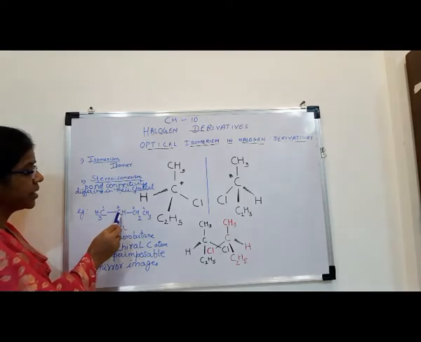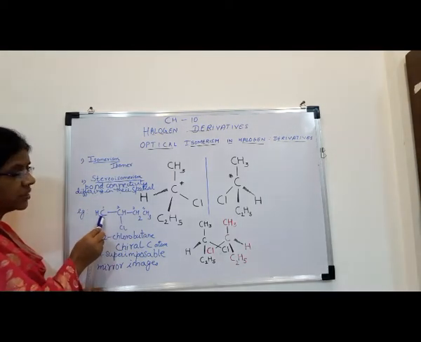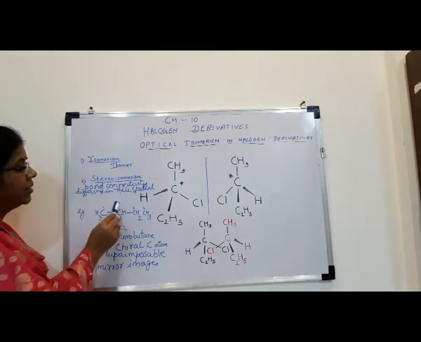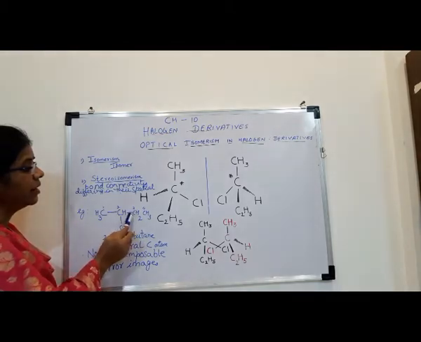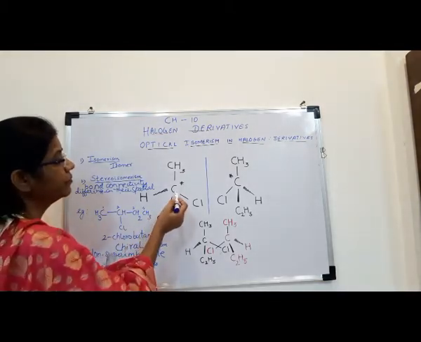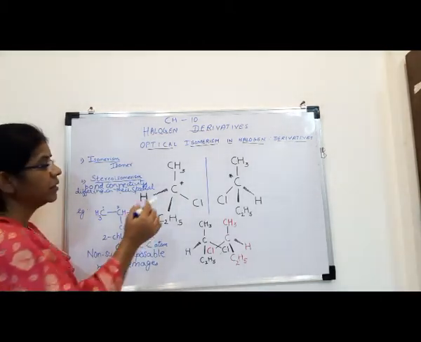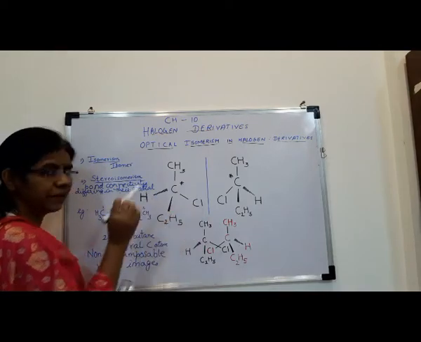Why? See this carbon atom. It is attached to Cl. It is attached to CH3 on one side, attached to hydrogen on one side, and attached to C2H5 on the other. See, this is the figure: C, CH3, H, C2H5, Cl.